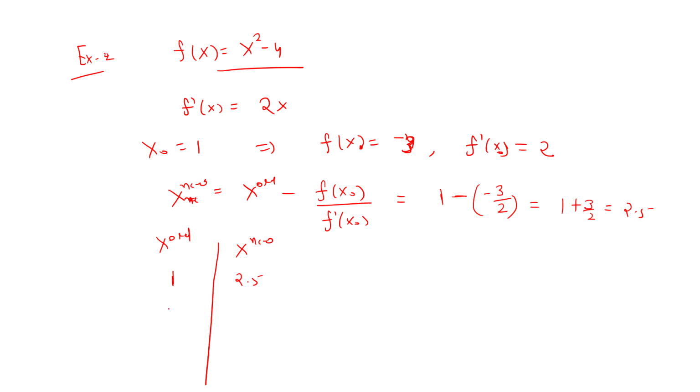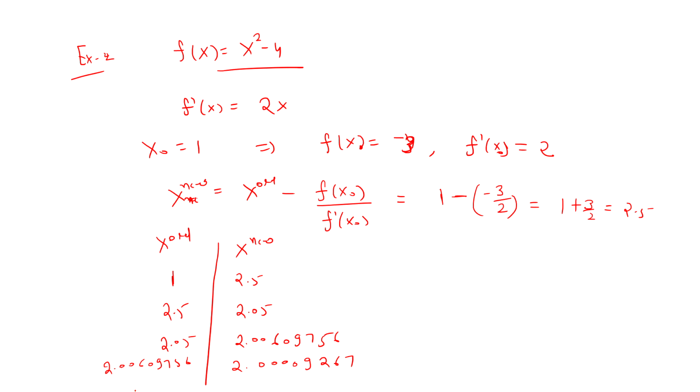In the next iteration, this 2.5 will become x old, and my next will become 2.05, then 2.006099756. If I take this 2.006099756, the next value will become 2.0000927.